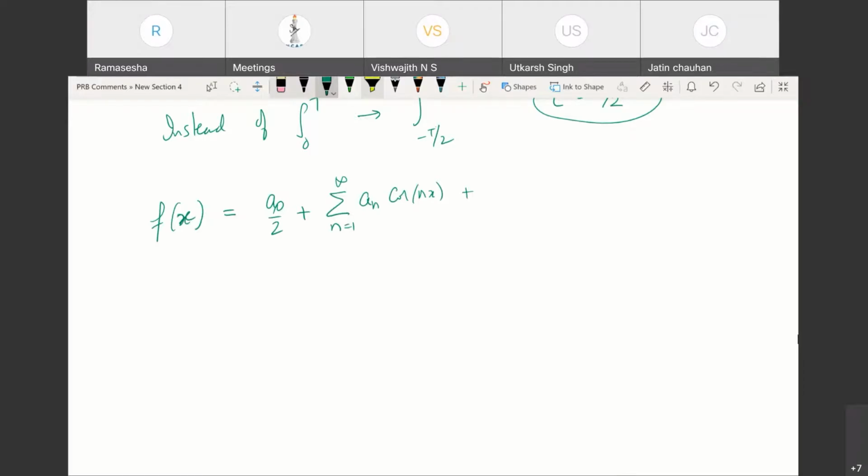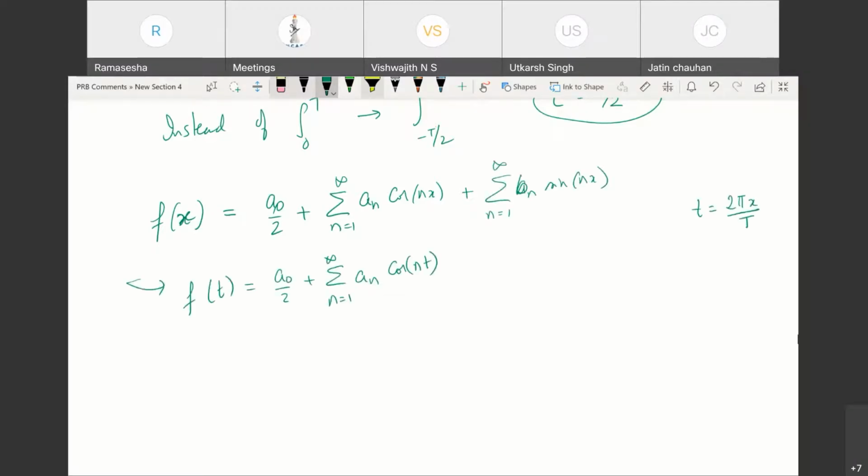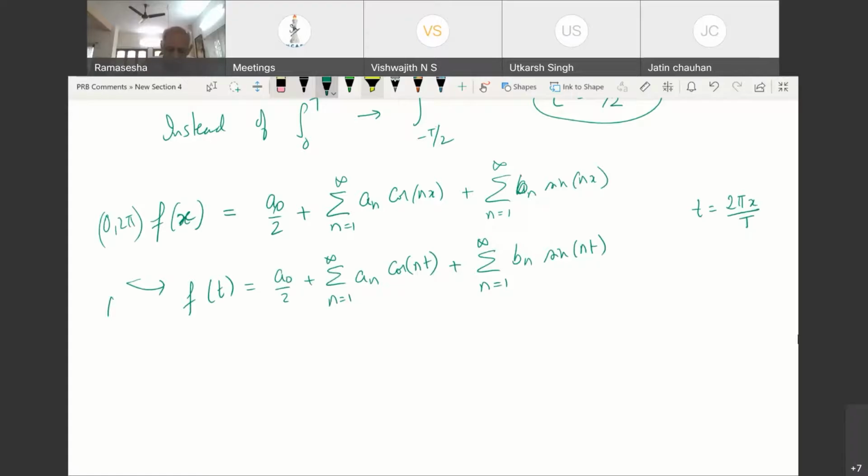This goes over to f of t, where t is equal to 2 pi x by capital T, the scaled variable. So this will become a naught by 2 plus sigma n is equal to 1 to infinity a n cosine nt plus sigma over n is equal to 1 to infinity b n sine nt. This is for 0 to 2 pi, and this will be for 0 to T.